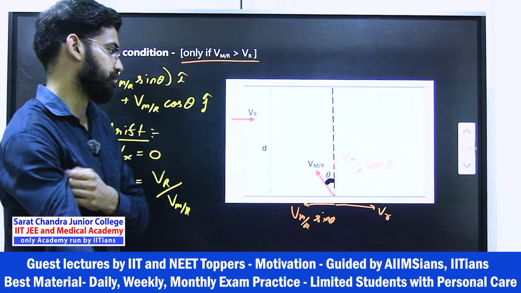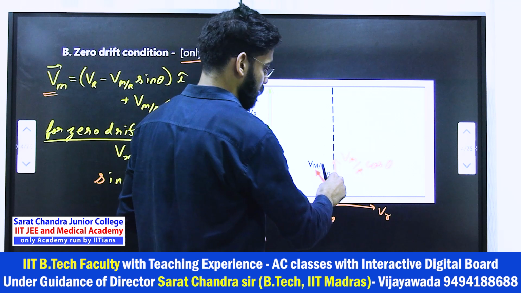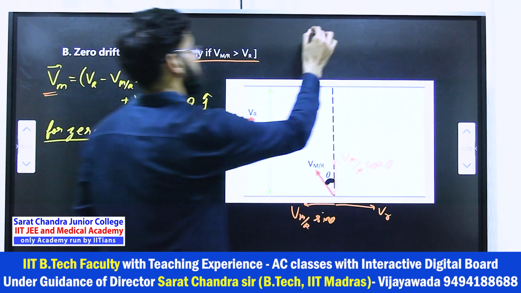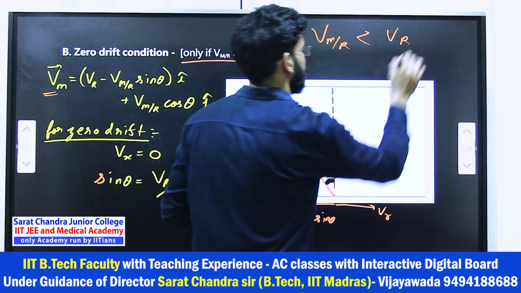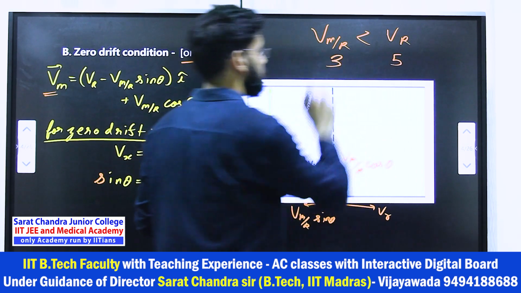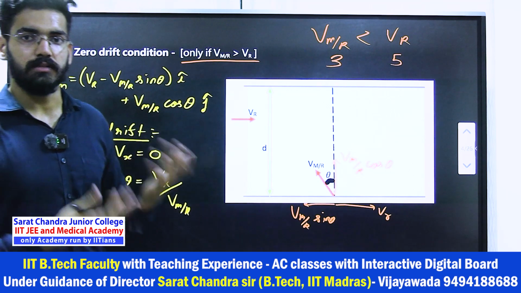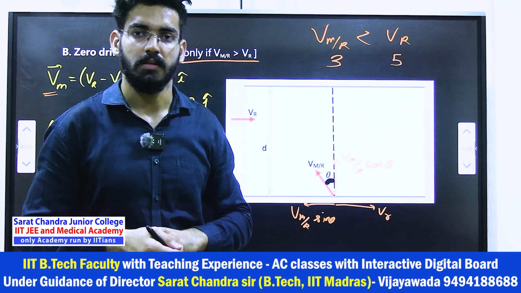The second reason, you understand: if I have Vm by R which is less than VR. Let's say the river velocity is 5, and Vm by R is 3 only. You have the velocity 3 meter per second and the river is flowing with 5 meter per second, right?